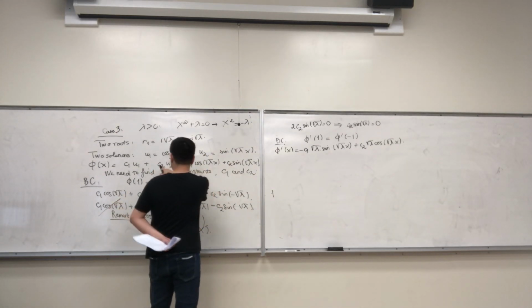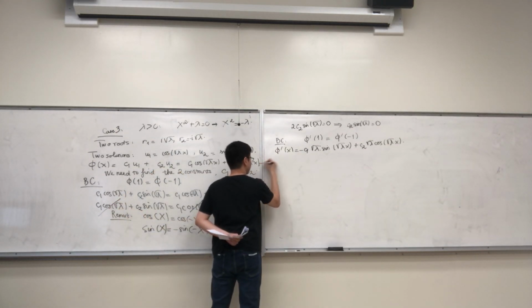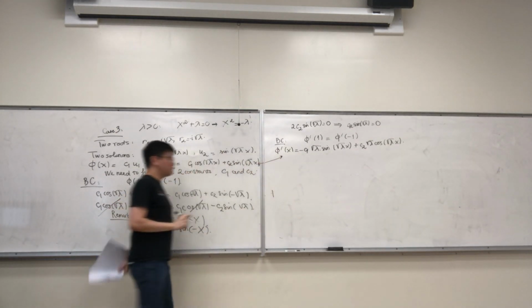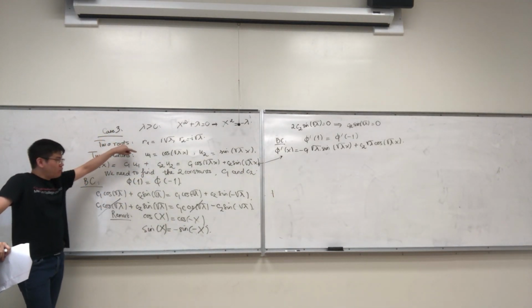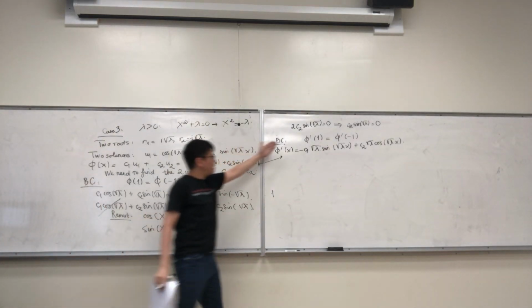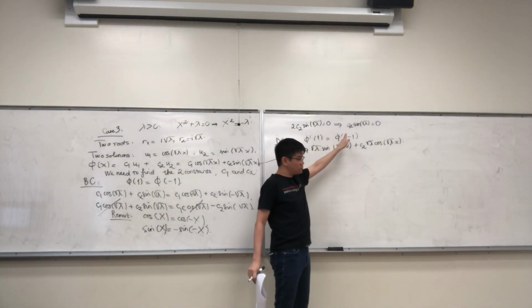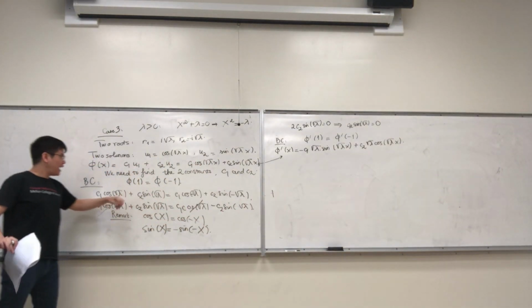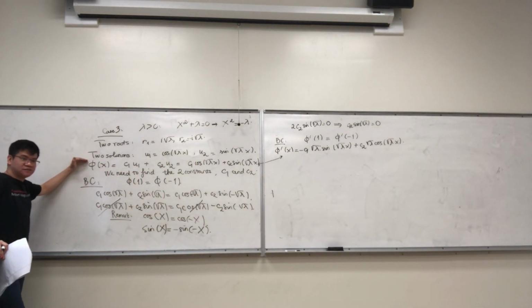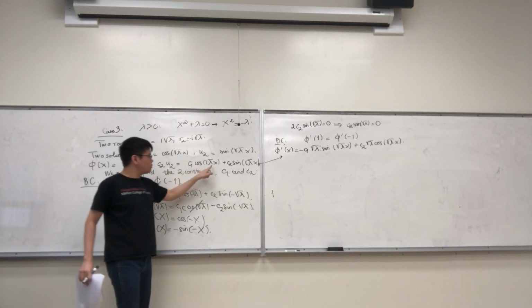So I'm going to take the derivative of this quantity, right? So for the second one, what I do is I have to consider the boundary condition phi prime of 1 is equal to phi prime of minus 1. So what I do is I have to take the derivative of this solution. So I take the derivative of C1 cosinus square root of lambda.